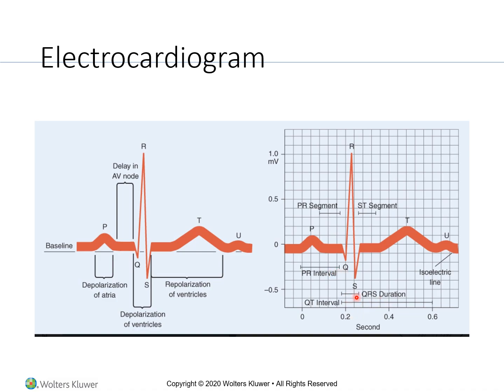We call the QRS duration that time when the ventricles are depolarizing. We call this the ST segment between the end of ventricular depolarization until the repolarization starts. Those are some of the main nomenclature we use to describe an electrocardiogram.